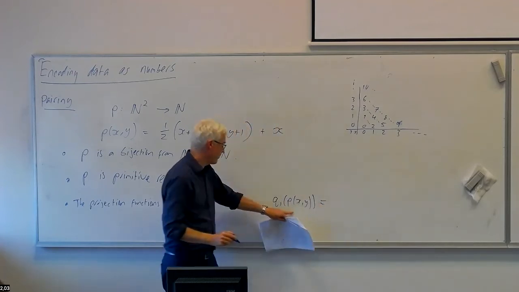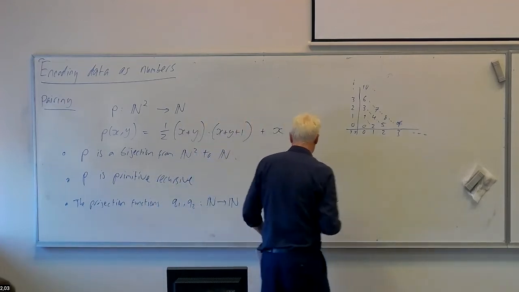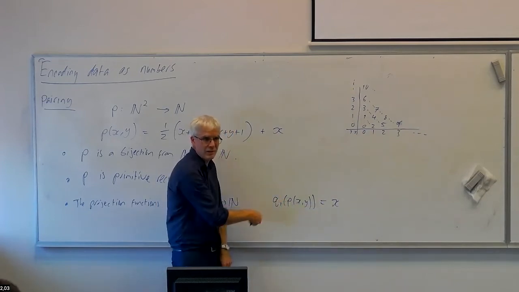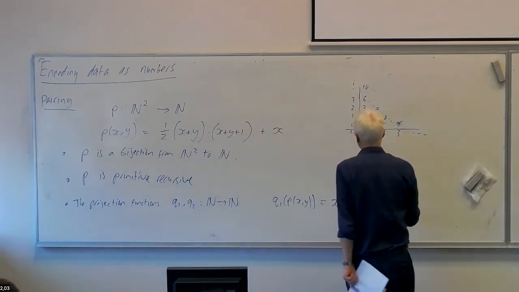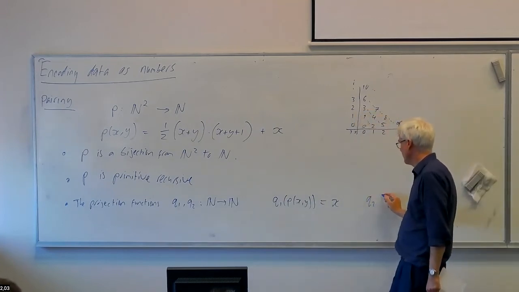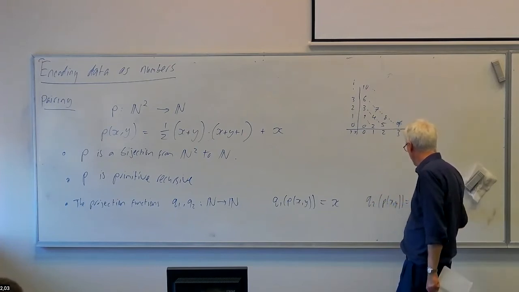So Q1 of P(x, y), any paired number, is always x. And this completely defines the behavior of Q because P was a bijection from pairs of numbers to numbers. And Q2 of P(x, y) equals y.